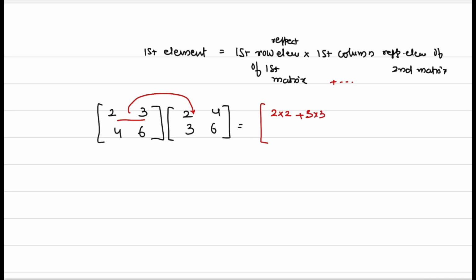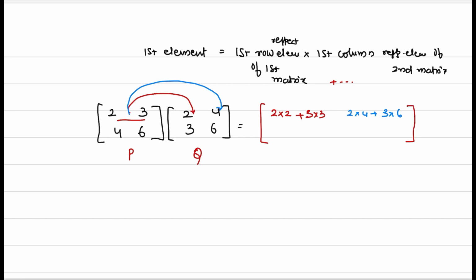The second element is first row into second column, that is 2 into 4 plus 3 into 6. Then the first row is over. First row elements we have multiplied with the first column and second column of the second matrix.